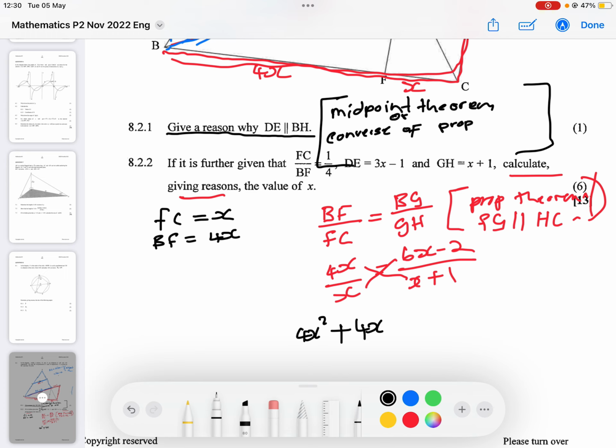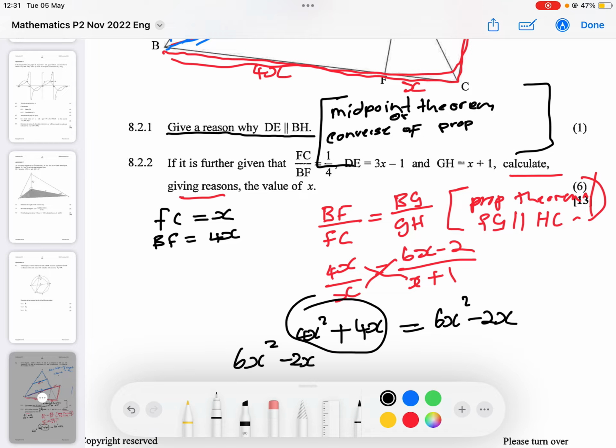Now 6x times x gives us 6x squared, and minus 2 times x is minus 2x. Now let me transpose. I'm going to say 6x squared minus 2x minus 4x squared minus 4x equals 0.